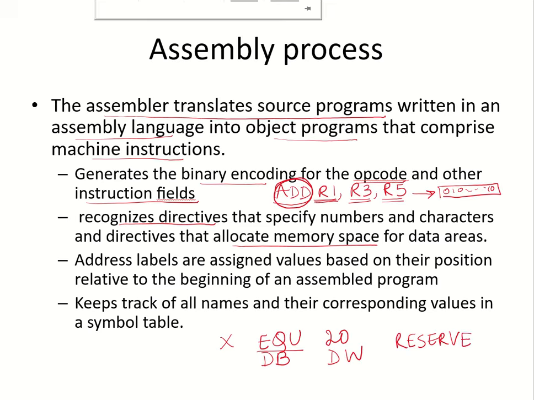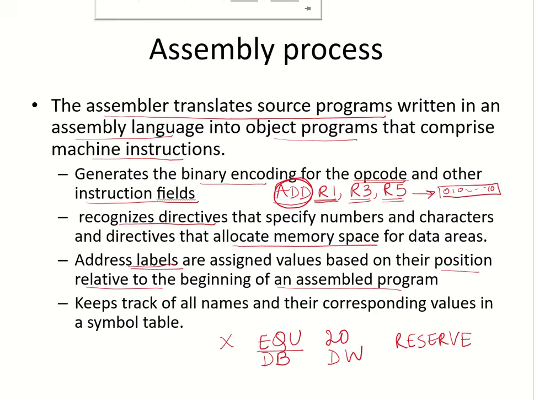The assembler also has to replace the labels by their relative position from the beginning of the assembled program. So the labels have to be given certain offset based on the current instruction.